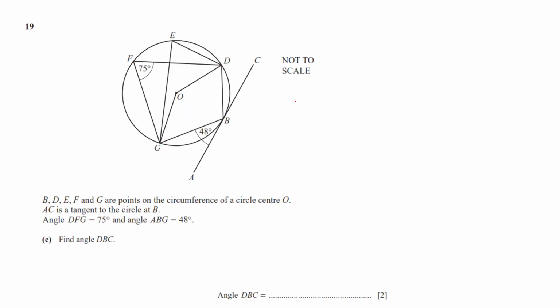Now, last part, it says find angle DBC. You have to find out this angle. See, FDBC is a quadrilateral inside a circle.